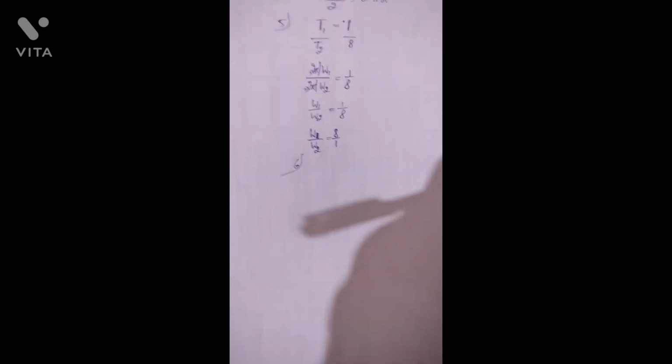Here in question number 6 they have asked, I think you have read the question: each side of a box made of some metal sheet, in cubic shape, is a at room temperature T. The coefficient of linear expansion of the metal sheet is alpha.